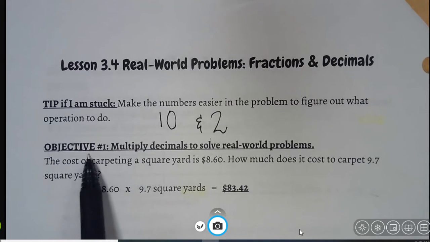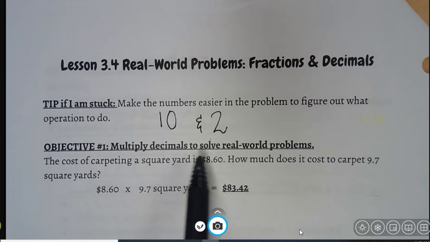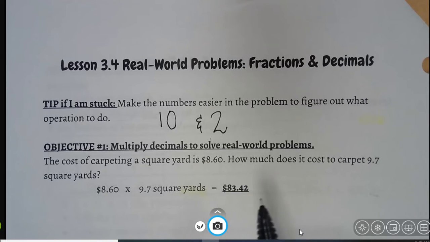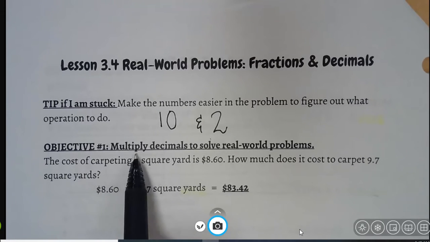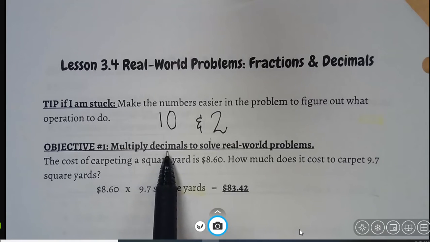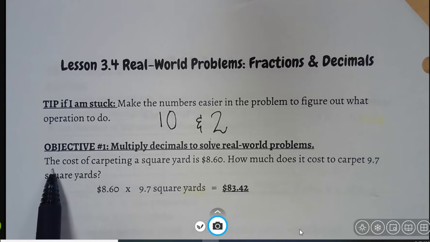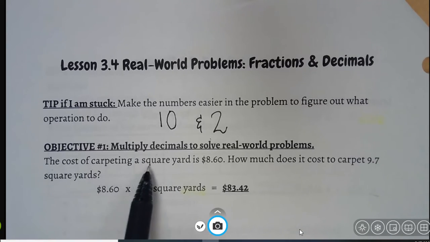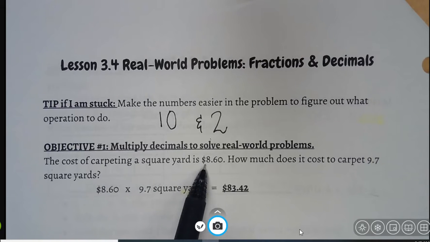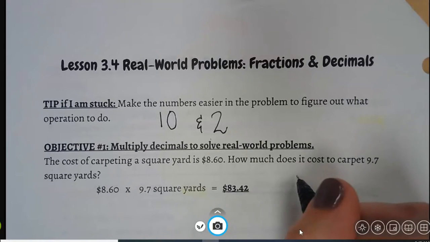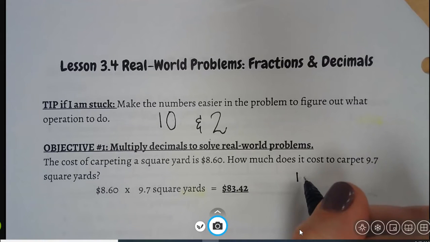So our first objective is we're going to be multiplying decimals to solve real-world problems. This should be a review from a prior year where you've already learned to multiply fractions. So we're just multiplying decimals. So we're going to look at this problem. The cost of carpeting a square yard is $8.60. So you can think of this as if I have 1 square yard, it's going to cost me $8.60.